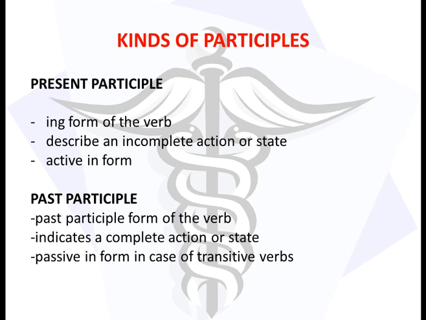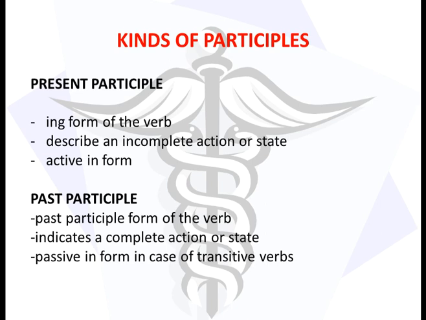The second one is the past participle. For example, wounded, painted. The past participle usually ends in ed, d, t, en or n. The past participle denotes an action that is complete or a state which is over. The wounded soldiers means the process of getting wounded is complete.